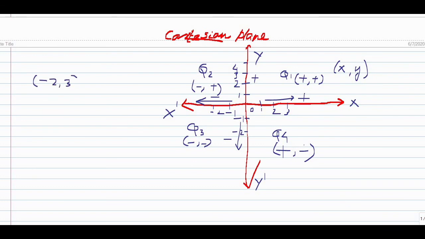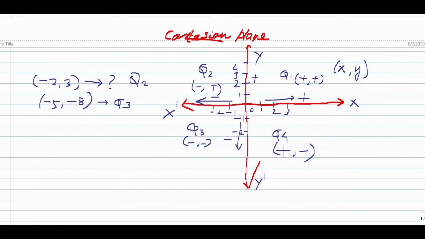So if you find a point (-2, 3), in which quadrant does it belong? Yes, it is in the second quadrant. And (-5, -8), in which quadrant does it belong?